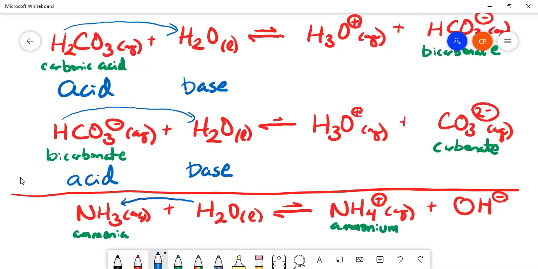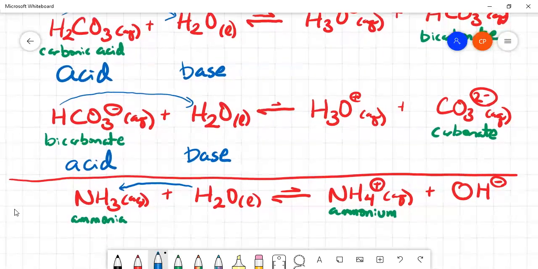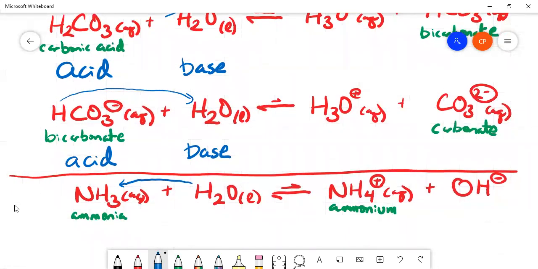That arrow's going the other way. So water this time is the hydrogen ion donor. Water this time is the acid. And ammonia, as we've been told, is the thing that's accepting the hydrogen ion. Ammonia is acting as the base.